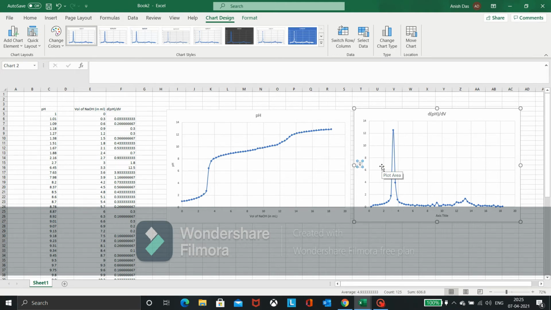As I said, there have been some drastic changes in the pH in the first graph. That's why we see here that there is one huge peak and two other small peaks.